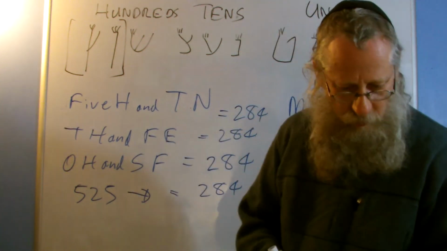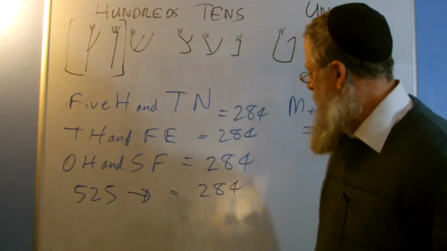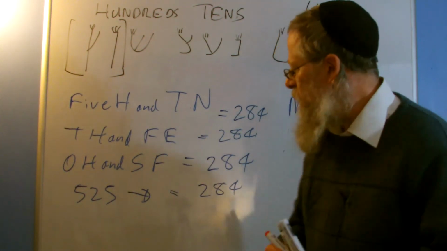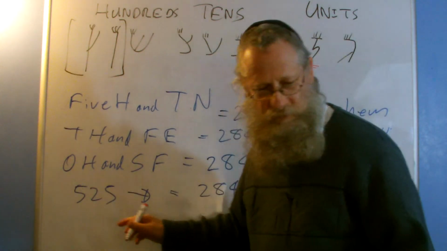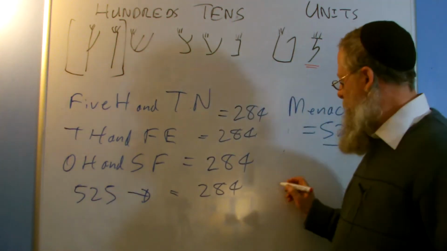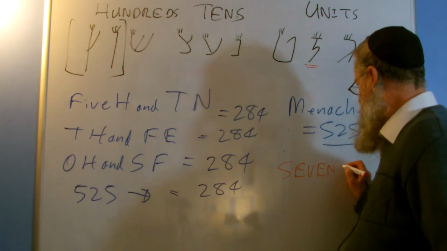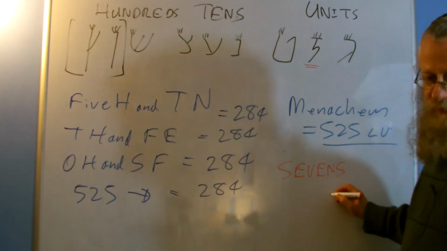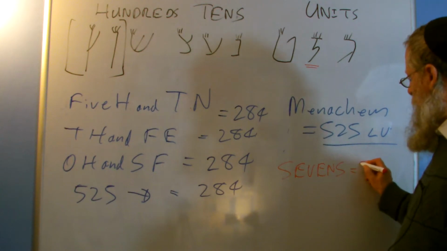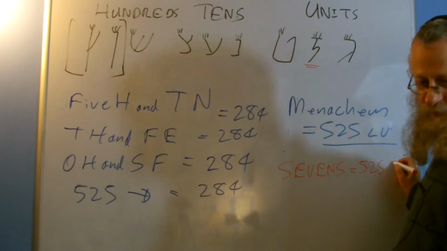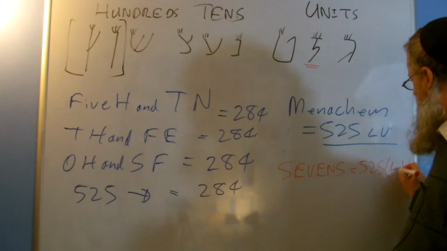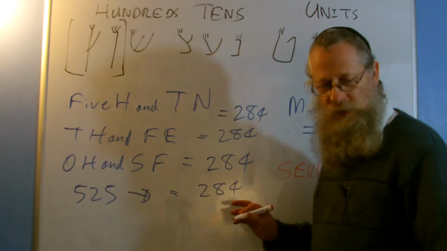Oh, look, before I go on to the concept of crowns, I've got here another significance of the 525. The word sevens, because we've got three of them, sevens in large value is 525. And the number 7 is a very special number.